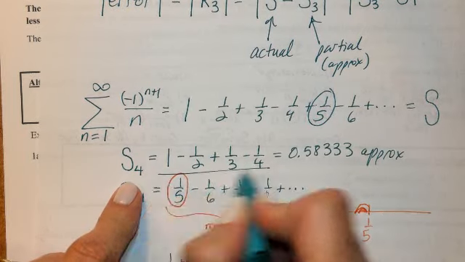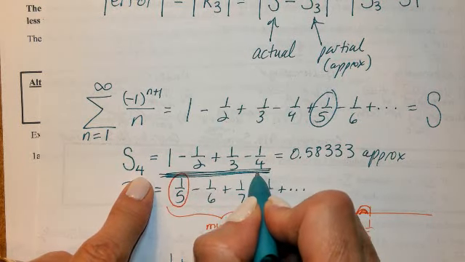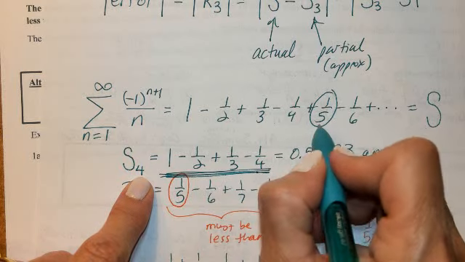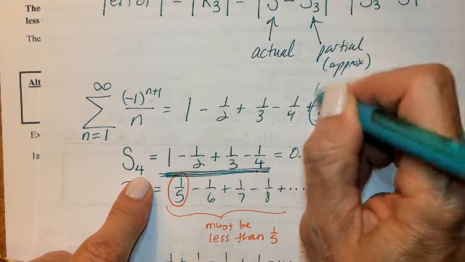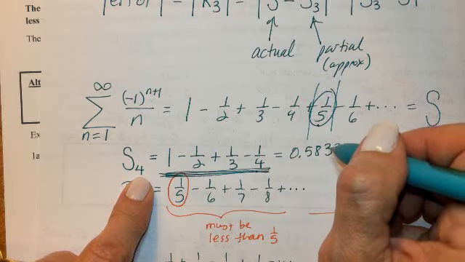The error in an approximation, whatever your approximation is, the error is always less than the absolute value of your first omitted term. Okay?